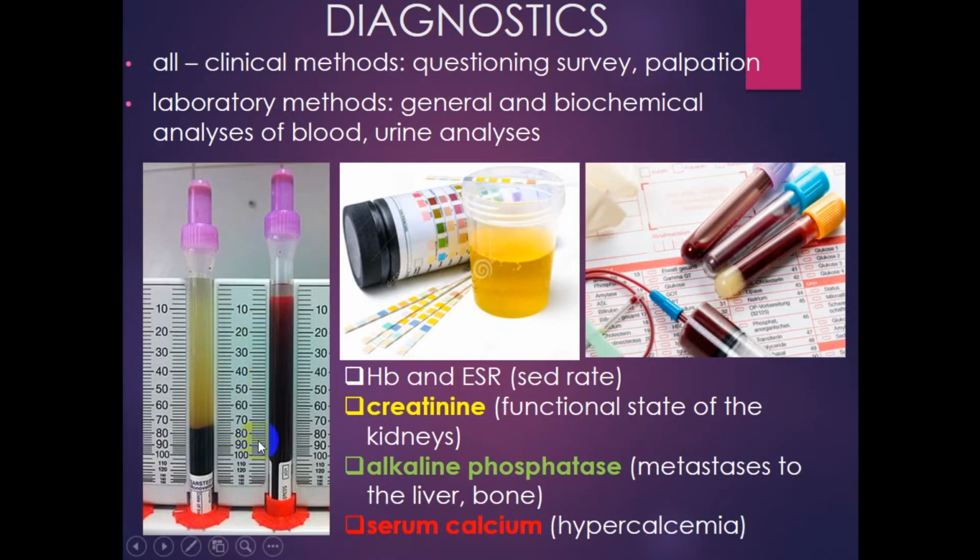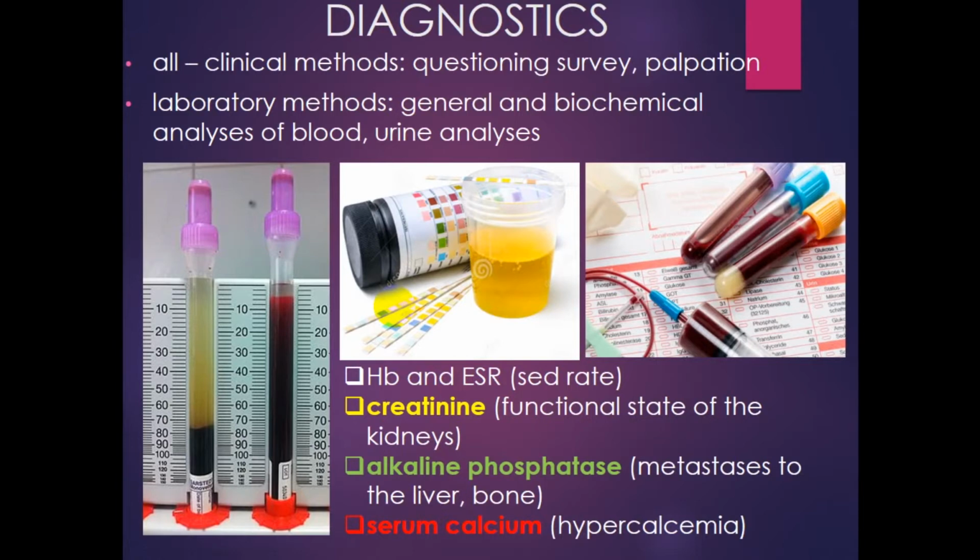Here you can see hematuria caused by damage in the parenchyma of the kidney, and here you can see, well, yellow urine. Also you can detect hemoglobin and ESR, creatinine, alkaline phosphatase, and serum calcium.